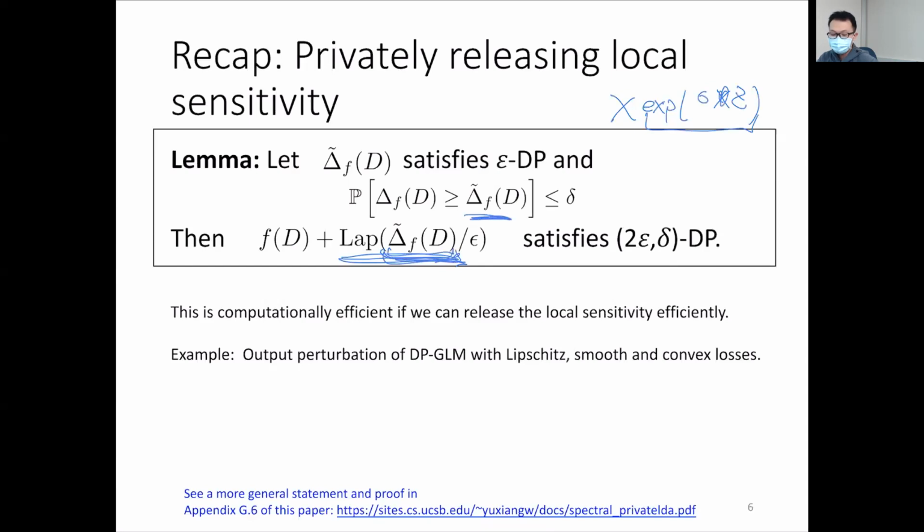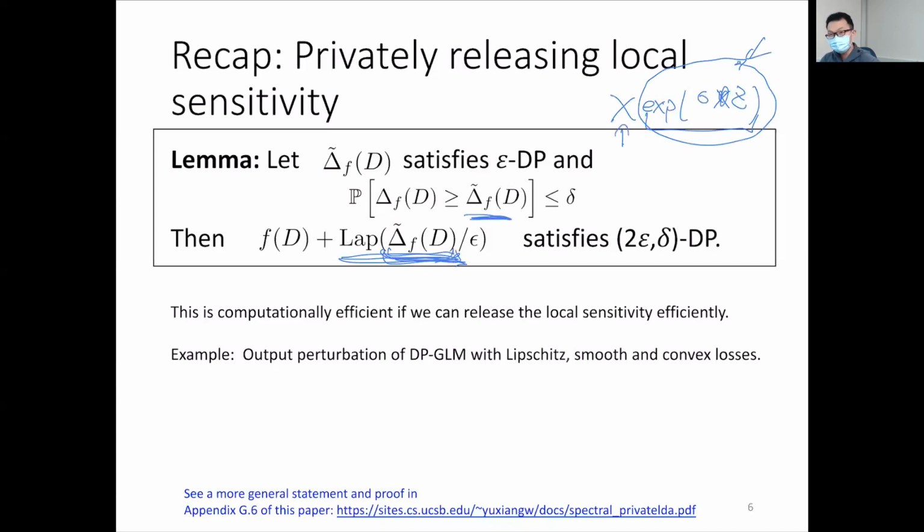This is quite similar to this privately released upper bound of local sensitivity approach, because if you look at the last equation, the amount of noise that you add has a random magnitude, and this random magnitude corresponds to this random magnitude as well, and then this X is a corresponding Laplace noise.